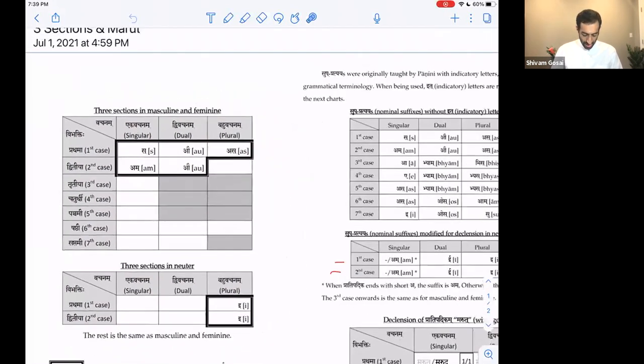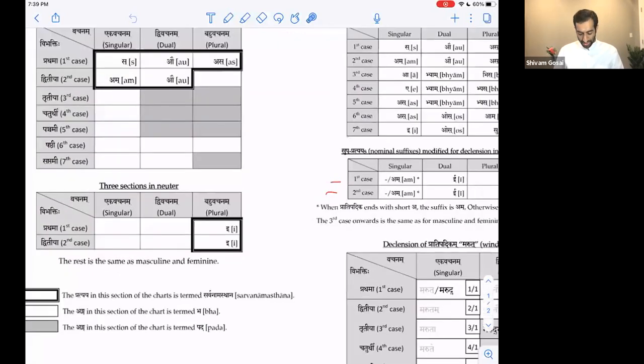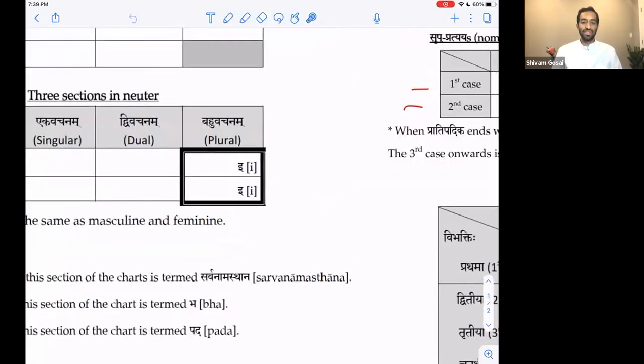So the first section, which is this bold section, 1-1, 1-2, 1-3, 2-1, and 2-2, is what we call Sarva Namasthana. This has nothing to do with Sarvanama pronouns.